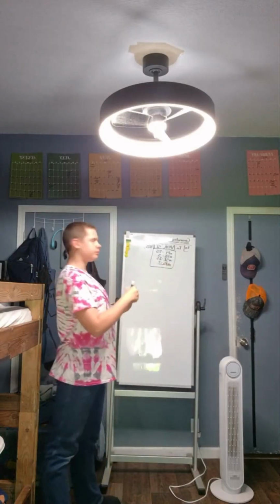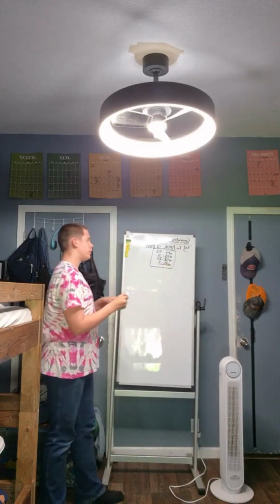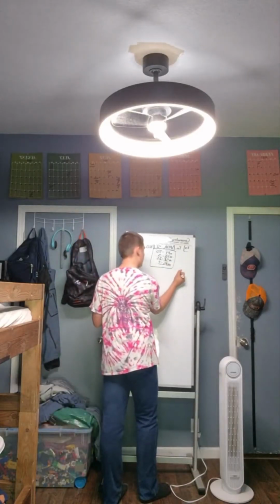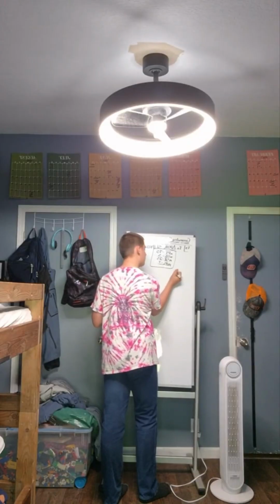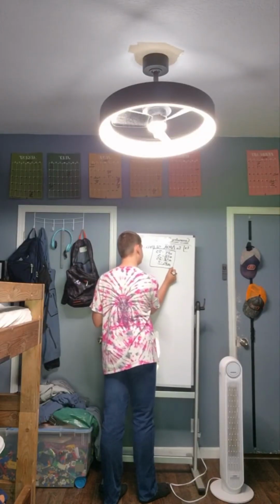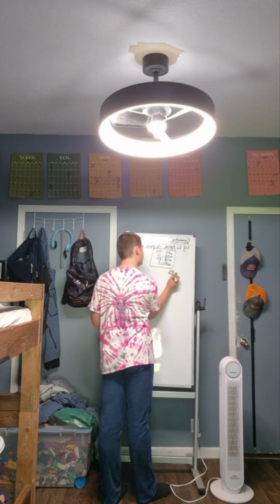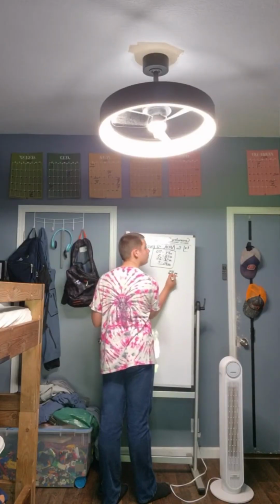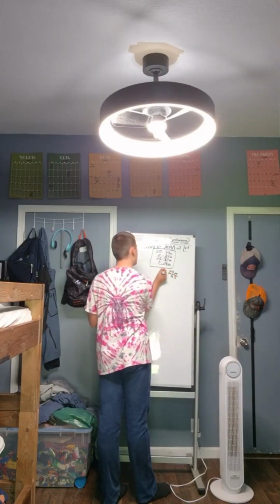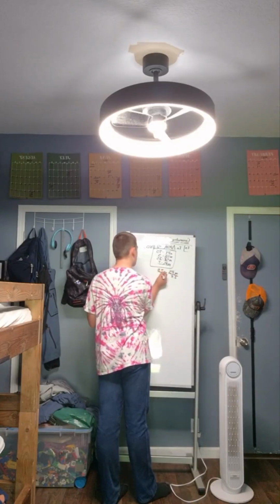So let's do PS divided by 2.5 is equal to 7.5 divided by 3.